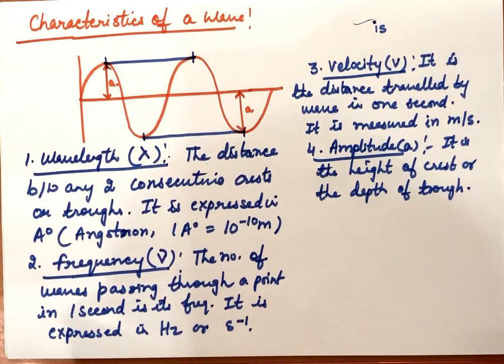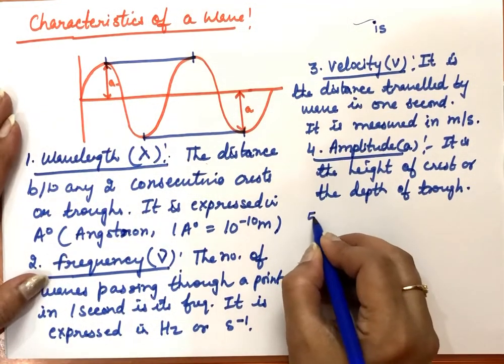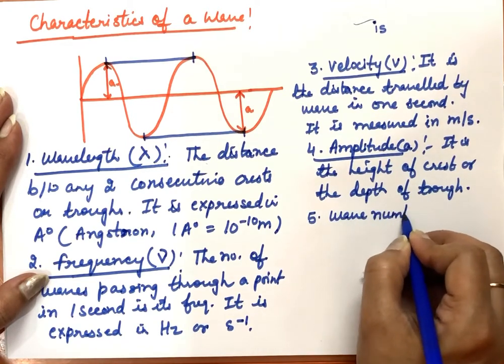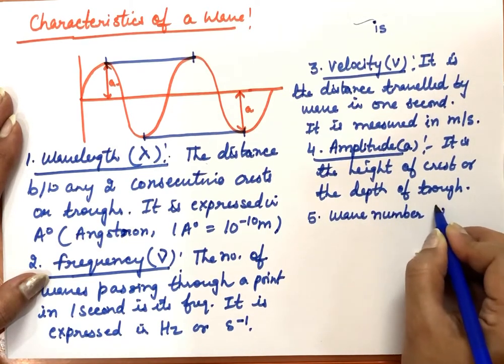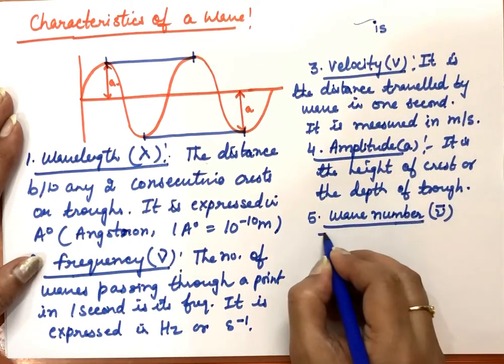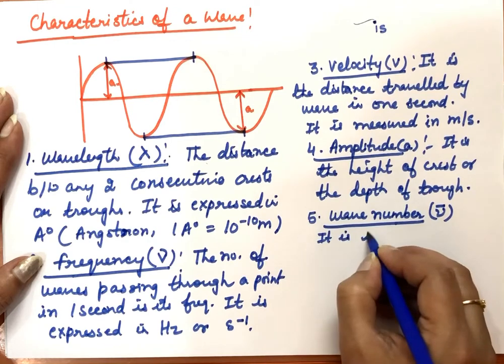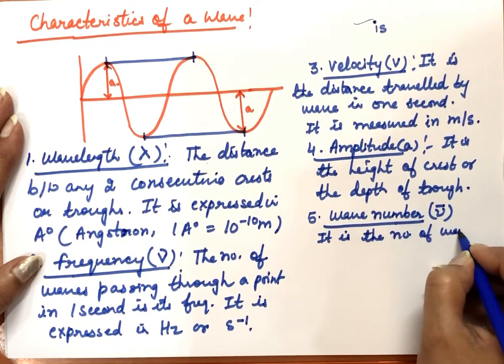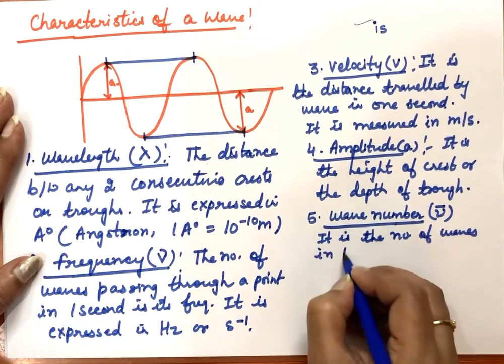Next term after this is wave number. Wave number, the symbol is nu and bar on this. Nu bar is a symbol for wave number. It is the number of waves in 1 centimeter. If we take 1 centimeter distance, how many waves are there in that 1 centimeter?